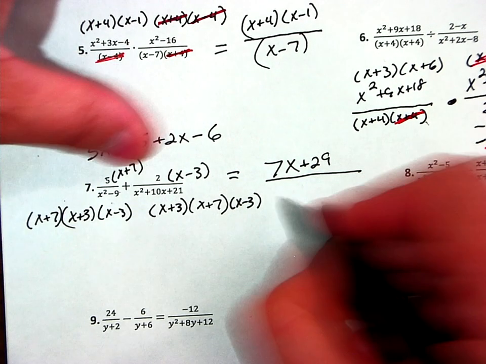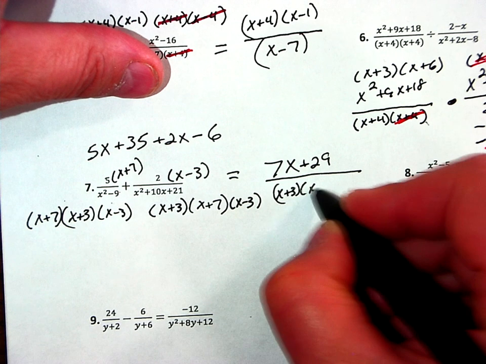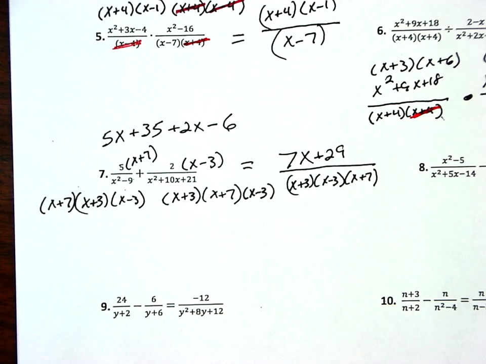And we just said that our denominator is going to be x plus 3, x minus 3, and x plus 7. Are we done with number 7? Yes.